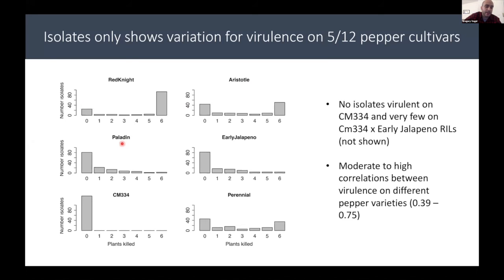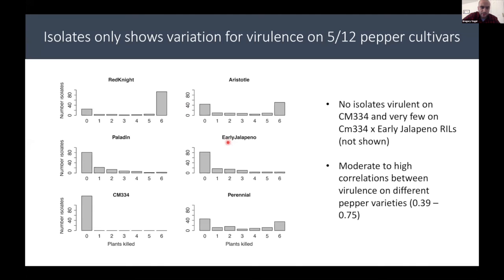Paladin, the resistant hybrid, most of the isolates were unable to cause disease, and we had a moderate proportion of isolates able to cause a low level of disease and very few able to cause high levels of disease on Paladin.